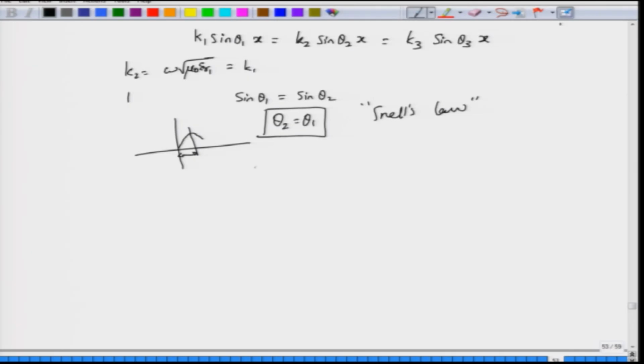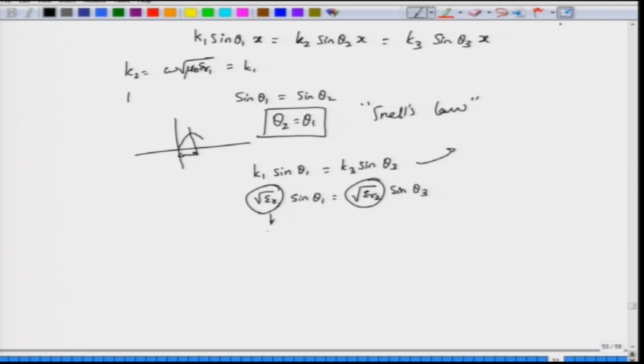The second equation that you have, k1 sin theta 1 equals k3 sin theta 3, is also Snell's law. This equation tells you that for the same frequency omega, this would be square root epsilon r1 sin theta 1 equals square root epsilon r2 sin theta 3. Because the square roots of epsilon r1 and epsilon r2 are nothing but the refractive indices, this is n1 sin theta 1 equals n2 sin theta 3.